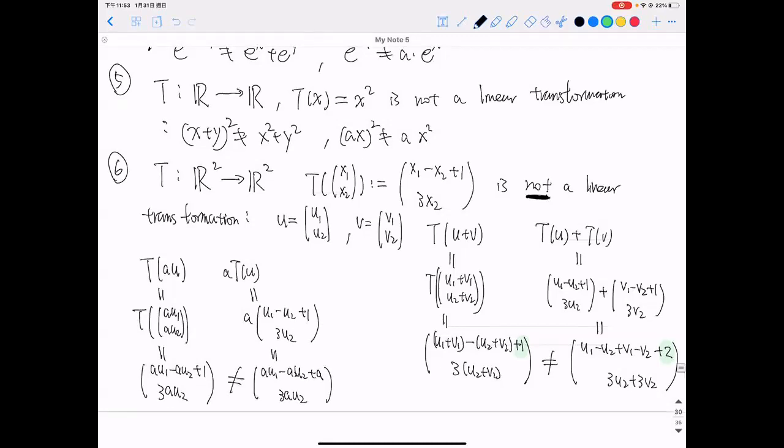Now you see that these two are not equal, again by observing that over here you have an a, but over here you have a 1. So they are not equal unless a is 1. So this is not a linear transformation.